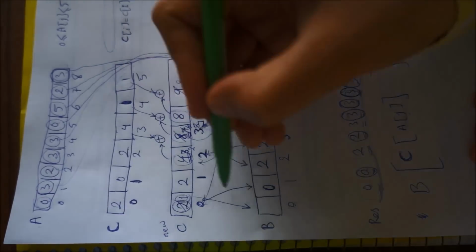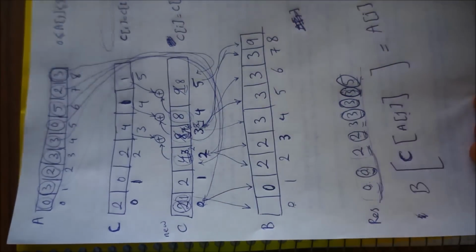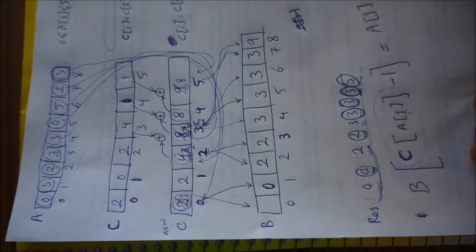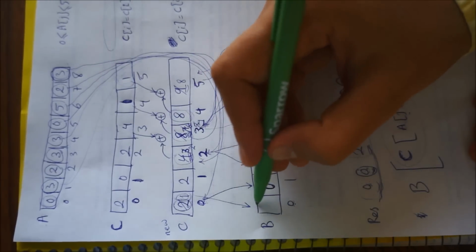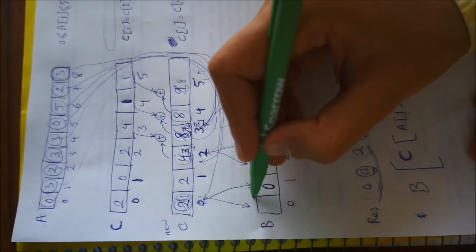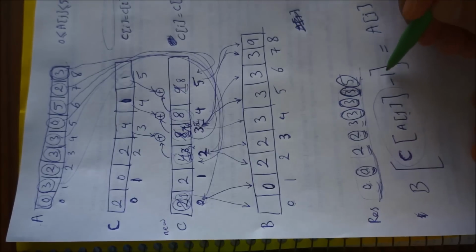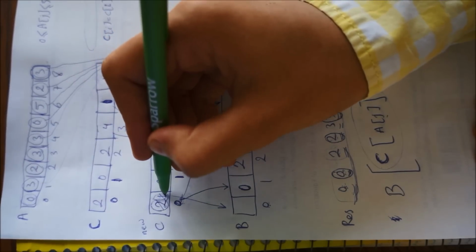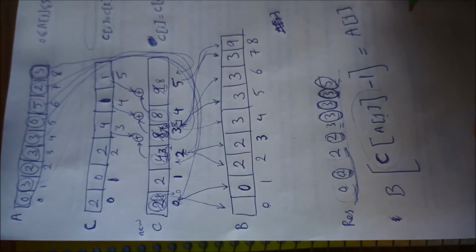Remember that first position means index 0. So this is 1. So I have to decrease it by 1 to adjust the position, because the indices in B start from 0. That's why I have the -1 here. Okay? And after that, don't forget to decrease that 1 by 1.